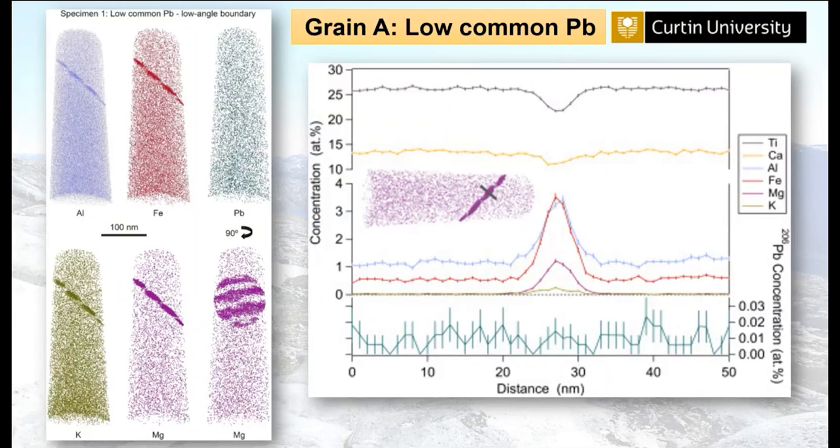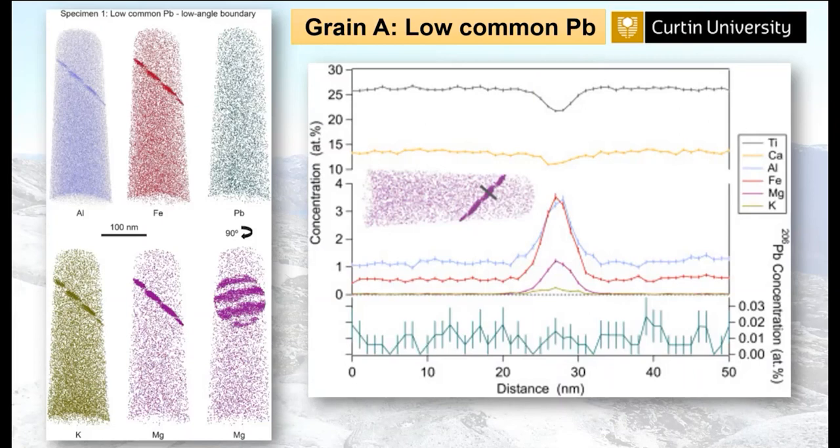If we flip this needle around, we see this banded effect. This needle was collected from very close to a low angle boundary in the crystal. So interestingly, what this is suggesting is that lead isn't able to move, but other elements are able to move through structures within our titanite.